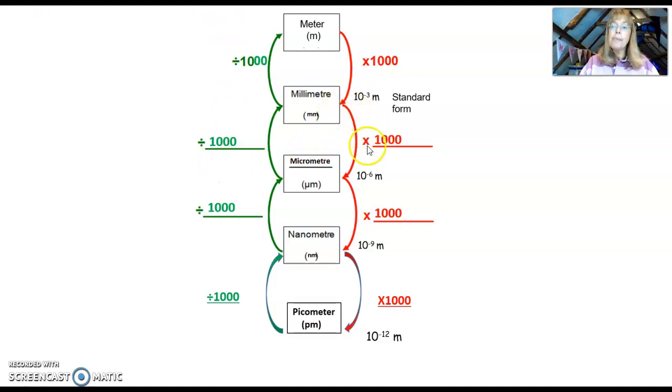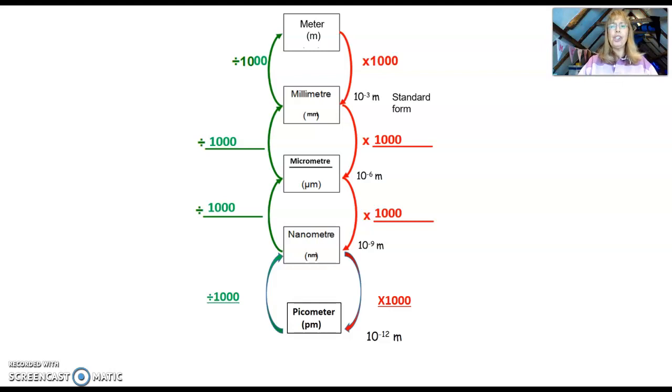You would then have to times it by another 1,000 to get micrometers, which is this funny U sign here, micrometers, 10 to the minus 6. And then nanometers is another 1,000 times smaller, 10 to the minus 9. And then you get picometers, 10 to the minus 12.